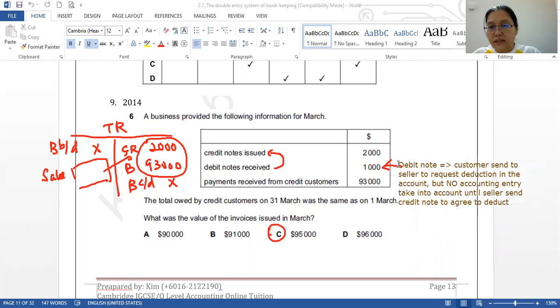So take note, debit notes won't be taken into account. This debit note is part of the credit note under the Cambridge syllabus, unless the debit note is an additional charge.